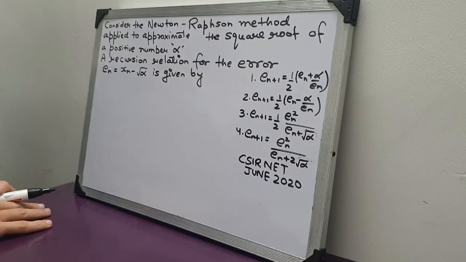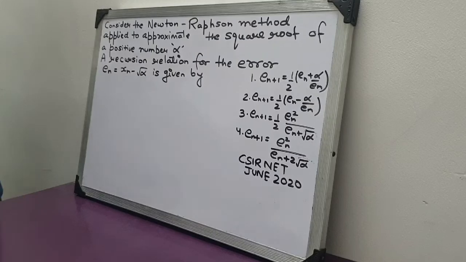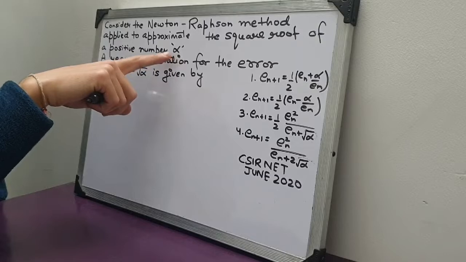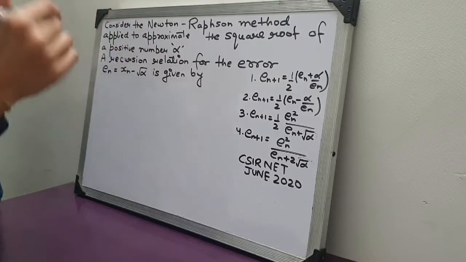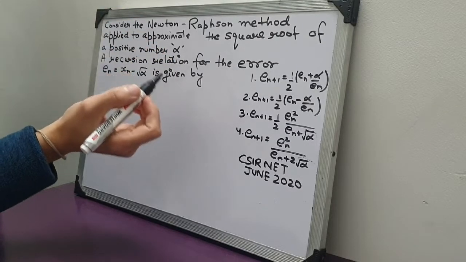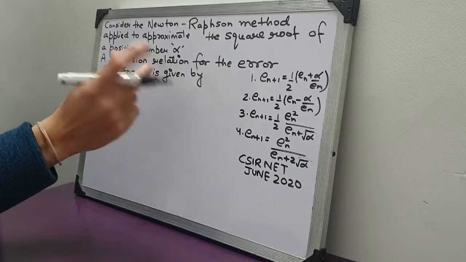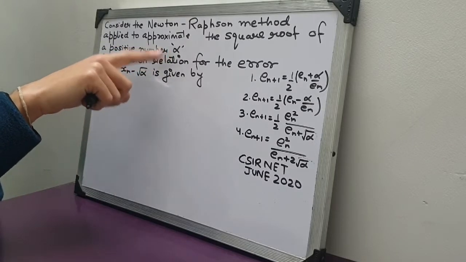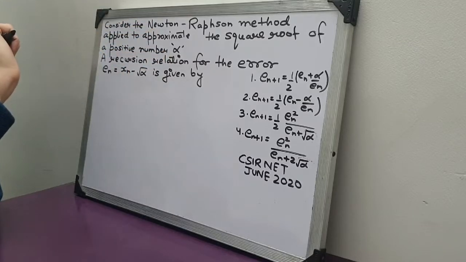So what we have to do basically, first we have to construct a function which approximates the square root of this number alpha. We can say this in another way: the square root of alpha is a root of this function.